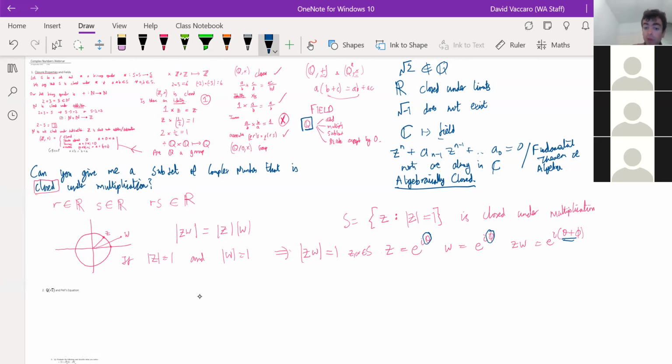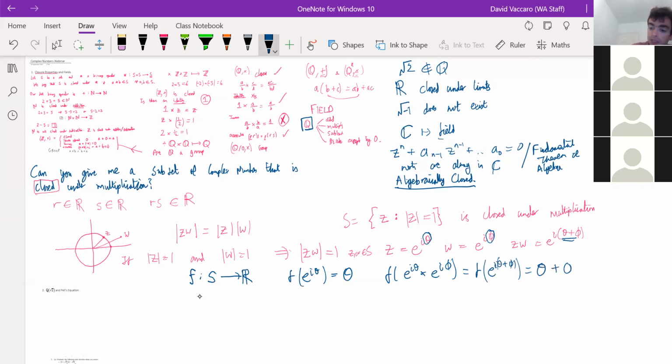If we map the set of complex numbers of modulus 1 to the real numbers, where we map e to the i theta to theta, then if we multiply complex numbers, we just add arguments.